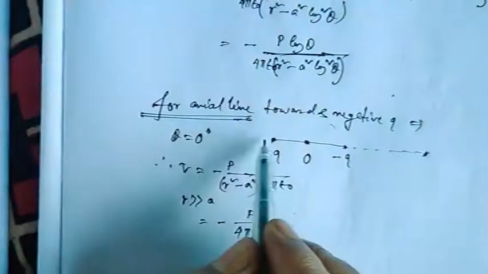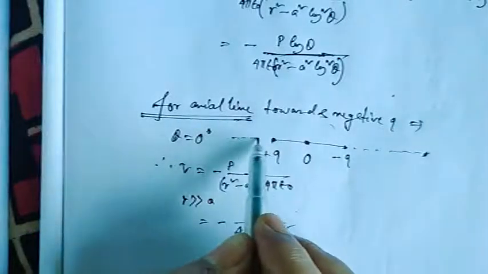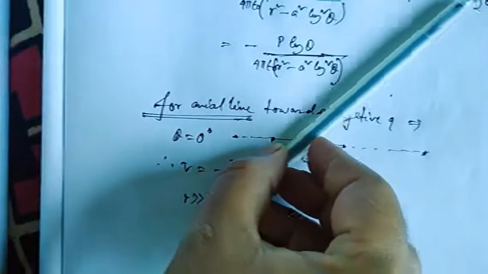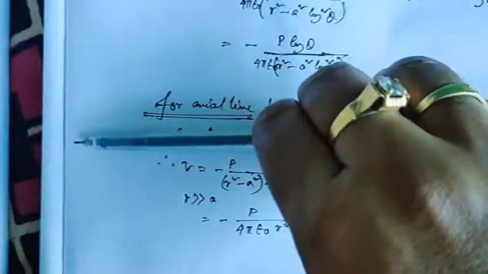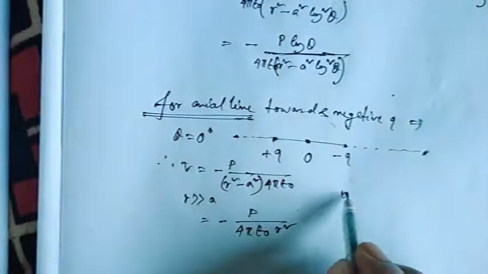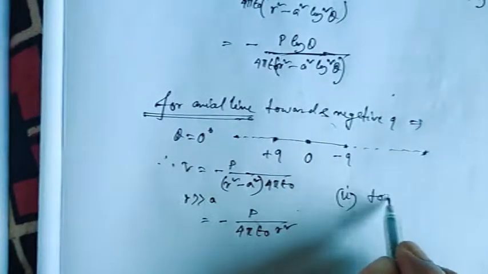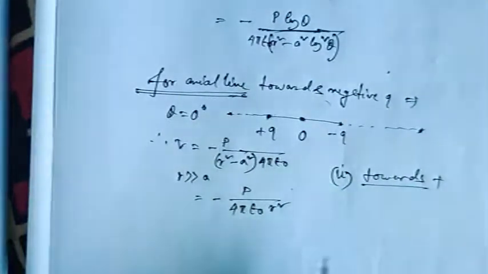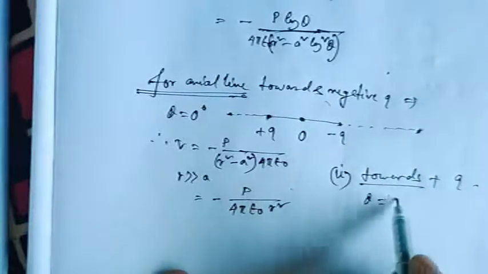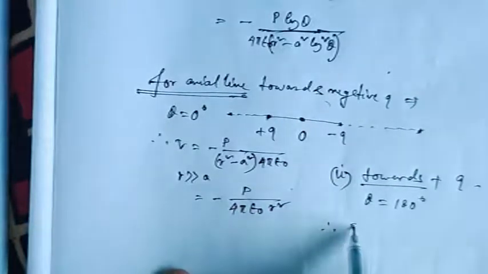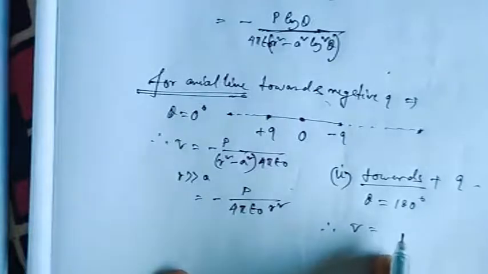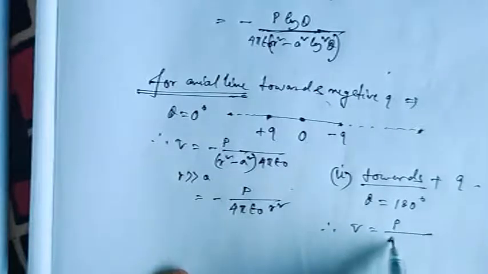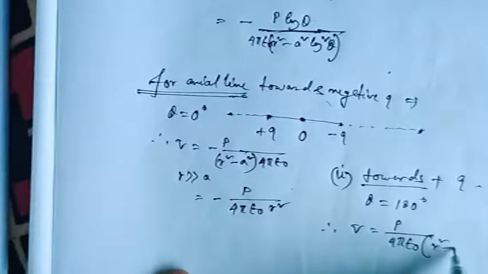Now if we consider the point along this direction, then the angle will change from theta to 180 degree. So in the second case, in between, towards plus Q, theta will be 180 degree, and hence V will be minus P cos 180 degree, cos 180 is minus 1, so plus P by 4 pi epsilon naught of r square minus a square.